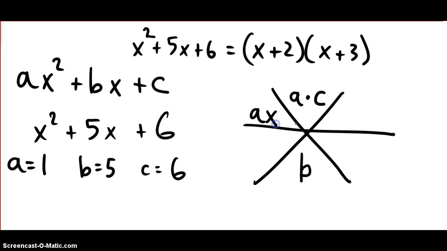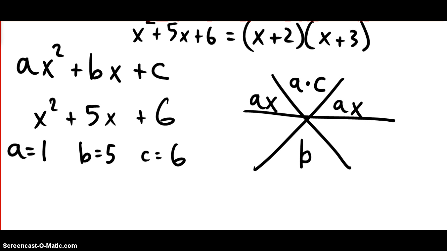So we're going to put ax and ax. So this is the general format. In your notes, you want to write this down. On the top is a times c, and the bottom is b. And this is ax, and this is ax. So, I'm going to scroll down here.